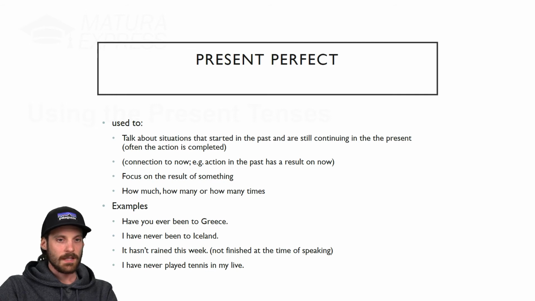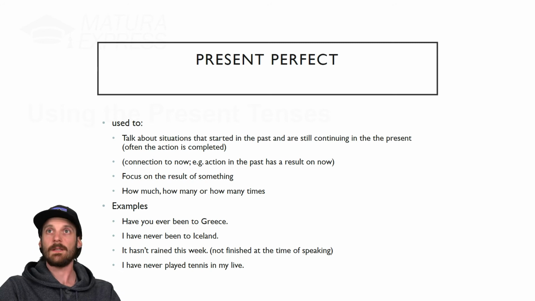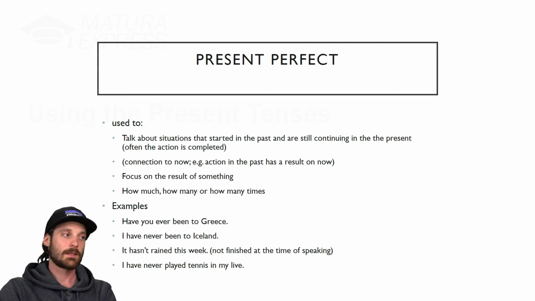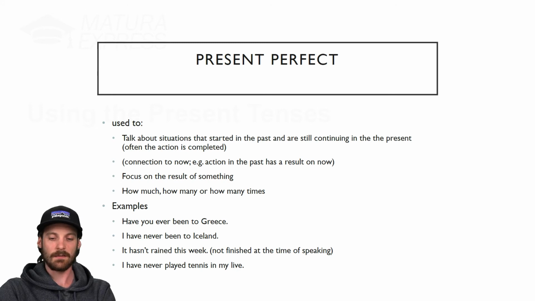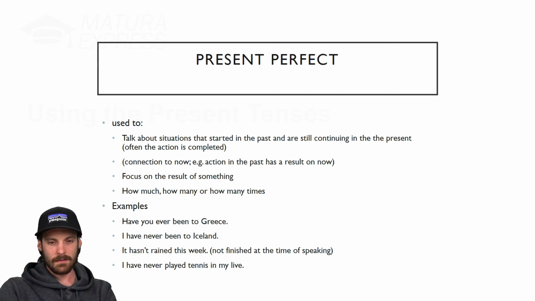Of course, present perfect. We all need to do the present perfect. The most hated tense in the universe, I guess, in the English universe. But it's actually quite easy. You use it to talk about situations that started in the past and are still continuing in the present.